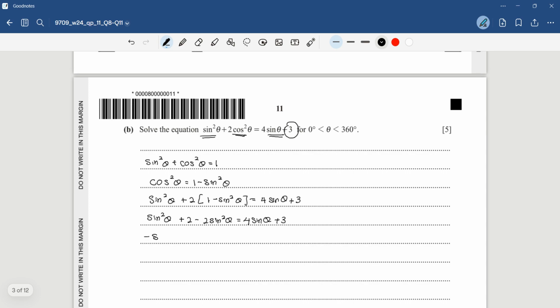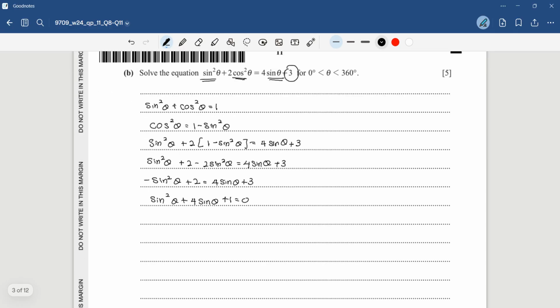So negative sine square theta plus 2 is equivalent to 4 sine theta plus 3. We rearrange and make the a positive, so it's sine square theta plus 4 sine theta plus 1 equals 0.